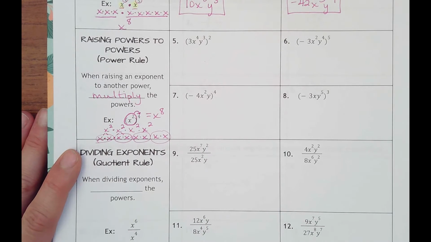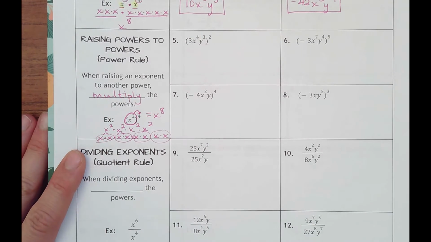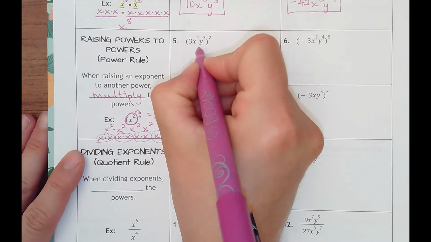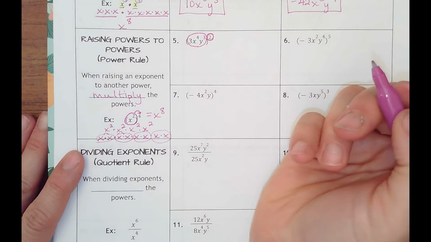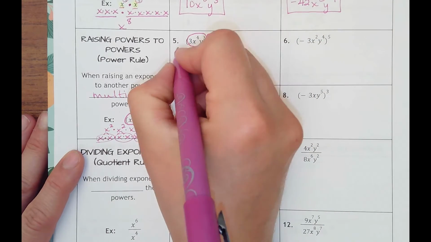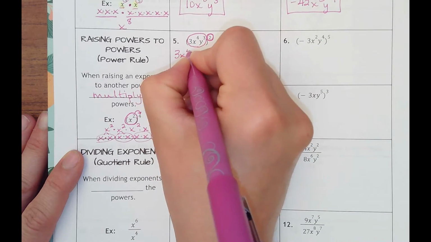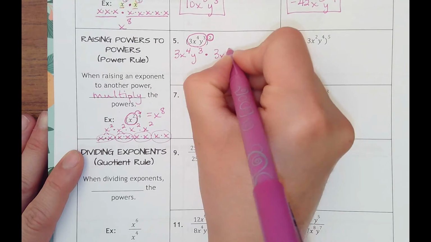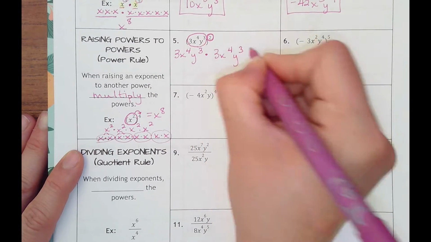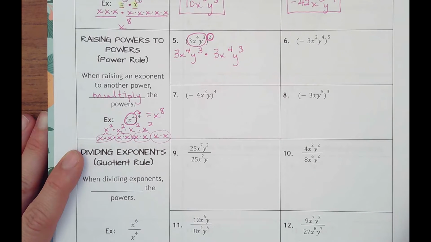All right, so number 5, let's get to a trickier one. We've got this whole inside part being squared. So that means this times itself, I'm going to write it out. So it's 3x to the 4th y cubed times another 3x to the 4th y cubed. So it looks just like the problems we had above.